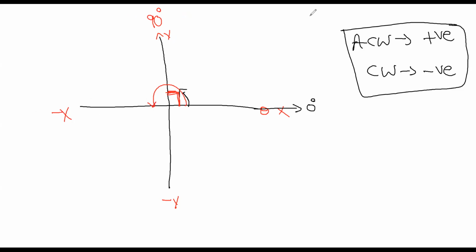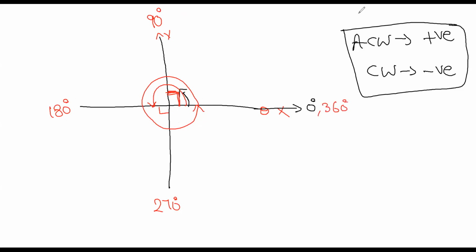So minus x is 180 degrees. In the same way, you come again 90 degrees, so what will be the angle for minus y? 270. Again, if you come back, this is one particular rotation, 270 plus 90 is 360.